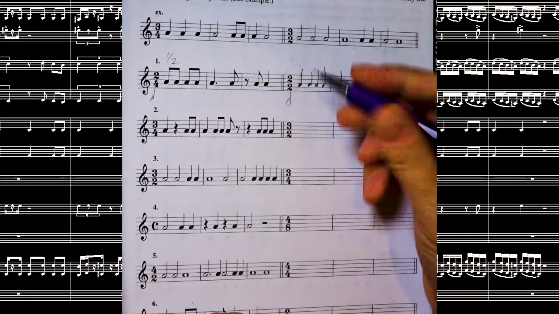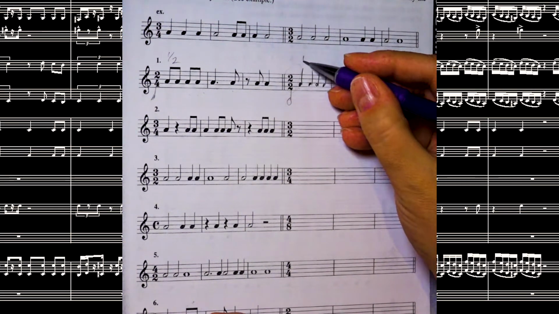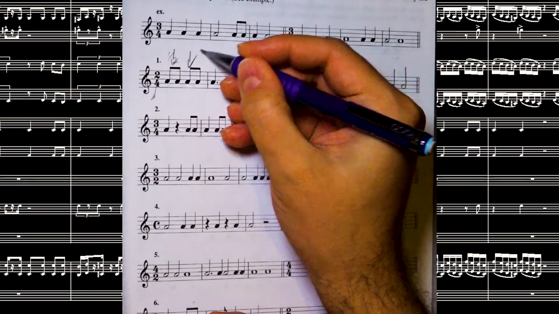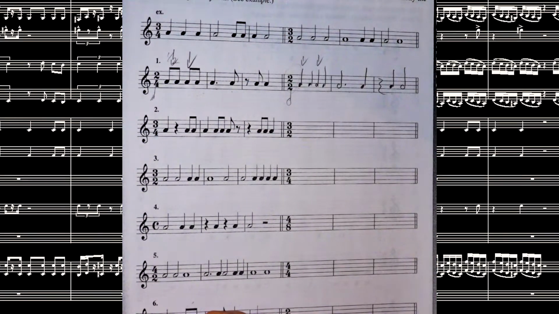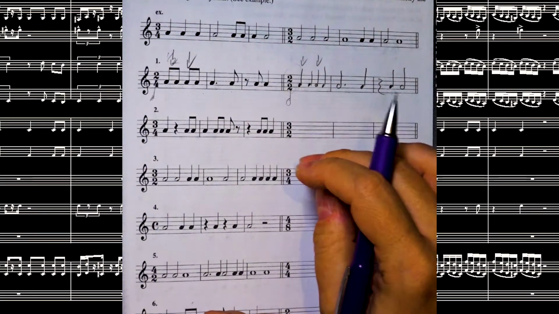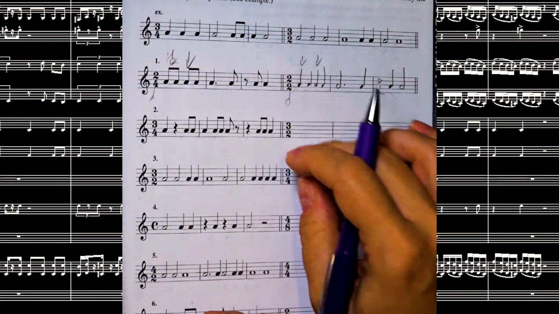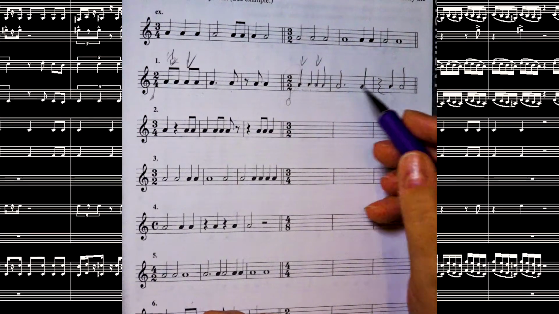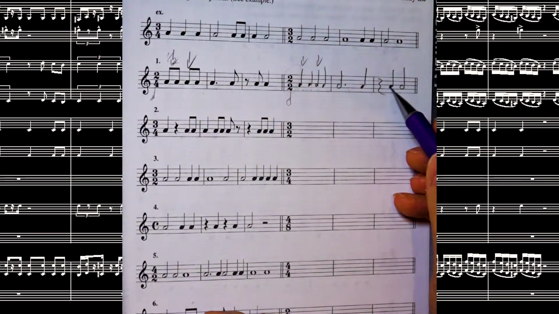It's just now we're having the beats be there and there, as opposed to there and there. 1 and 2 and 1, 2 and 1 and 2. 1 and 2 and 1, 2, 1, 2.